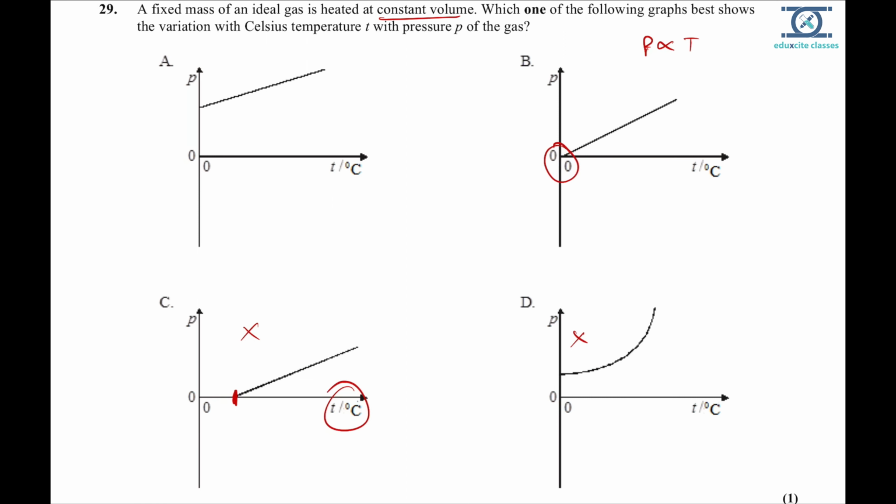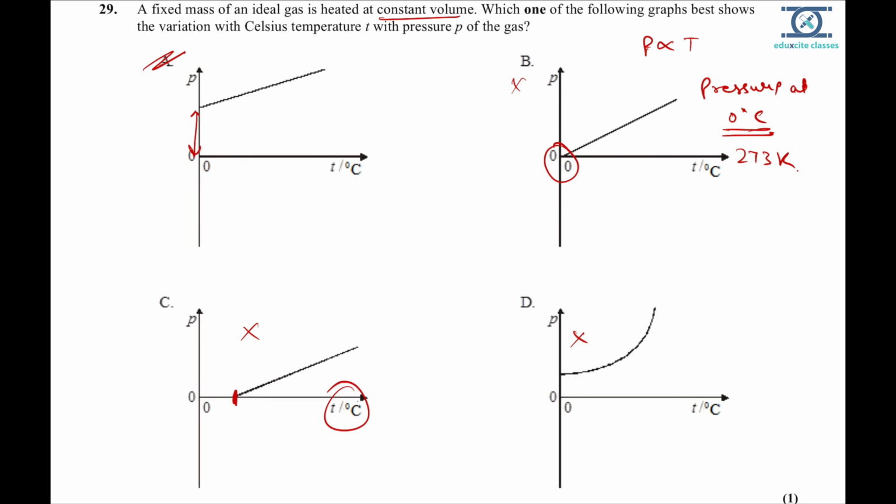There will be some pressure of a gas at 0 degrees Celsius, because it is not Kelvin. 0 Kelvin is the absolute temperature, but 0 degrees Celsius is 273 Kelvin. So this is also incorrect. Option A: there will be some initial pressure when the gas is at 0 degrees Celsius.